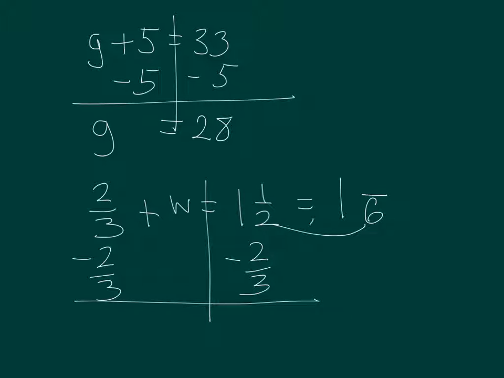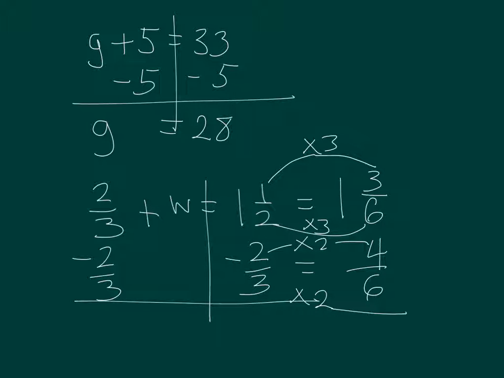Well, 2 times 3 is 6, so 1 times 3 would be 3. So 1 1/2 is the same thing as 1 3/6. With the 2/3, 3 goes into 6 twice, so if I multiply the 2 by 2, I would get 4. So I'm going to take 1 3/6 and subtract 4/6.